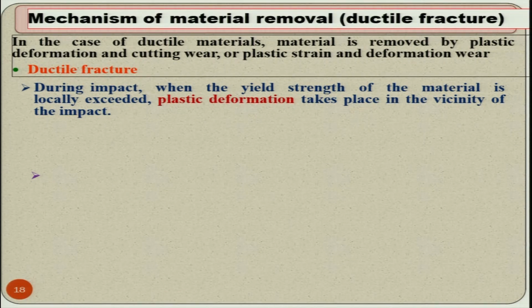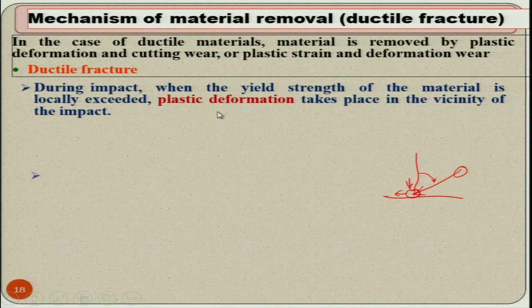We have already seen in the earlier slide that when the angle of inclination, the angle of incidence, is greater than 0, the abrasive particle will have two components: one is the normal force, another is the shearing force. Depending upon the magnitude of the normal force, it will penetrate inside the workpiece surface, and depending upon the shear force, it will be removing the material in the form of a chip.